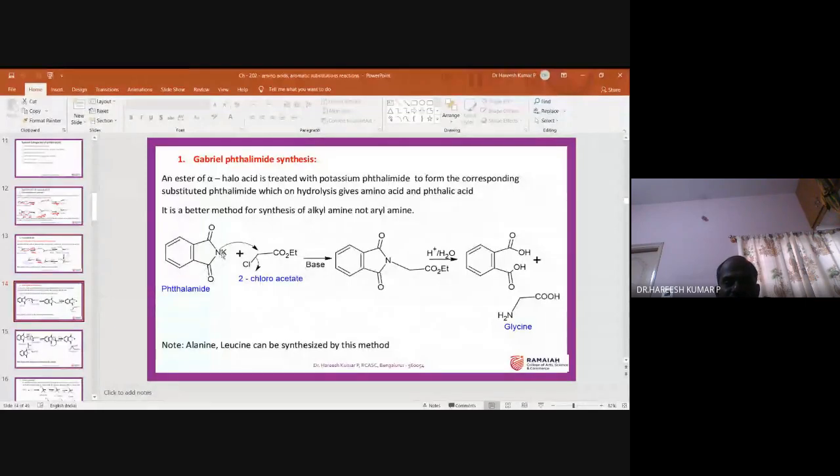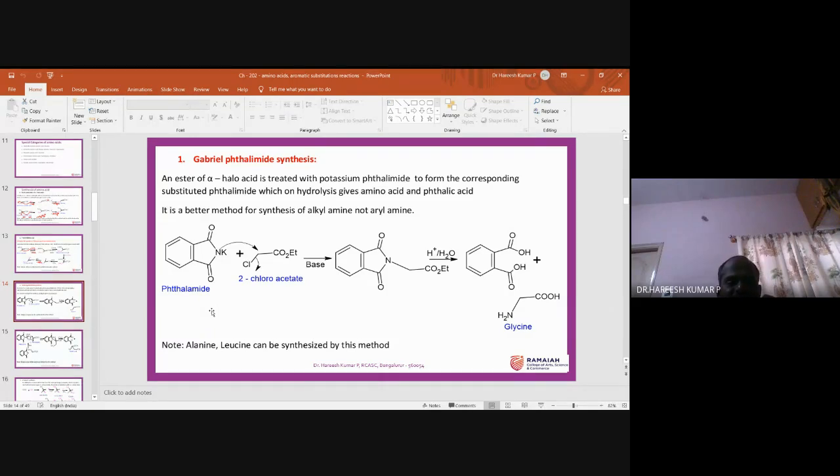Without this N and K, K means potassium, N means nitrogen, if there is COOH here, then it is called phthalic acid. Phthalic acid on heating gives phthalic anhydride.